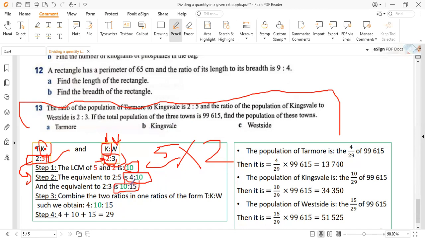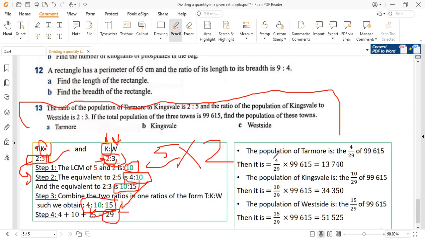At this level, we can combine both ratios into one ratio. So we obtain a significant ratio with 3 terms, 4 to 10 to 15. Good. At this level, we can proceed with the same step that we adopted before to obtain the portion of the population. So normally we add the 3 terms of this ratio, 4 plus 10 plus 15, to obtain 29.